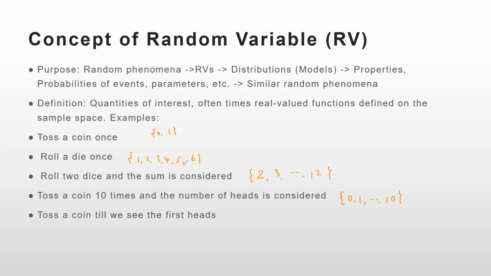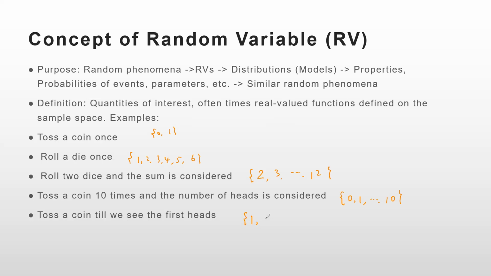The next example, toss a coin till we see the first heads. So you toss a coin and you see if it's heads or not. If it's heads, then it's 1, and you stop. So the value of the random variable is 1 if you see the first heads on the first toss.